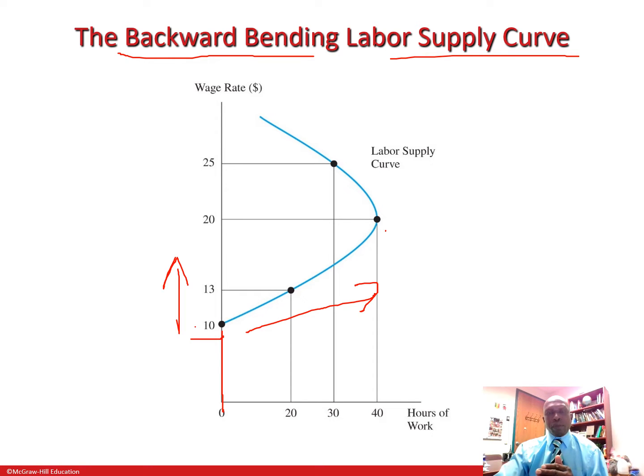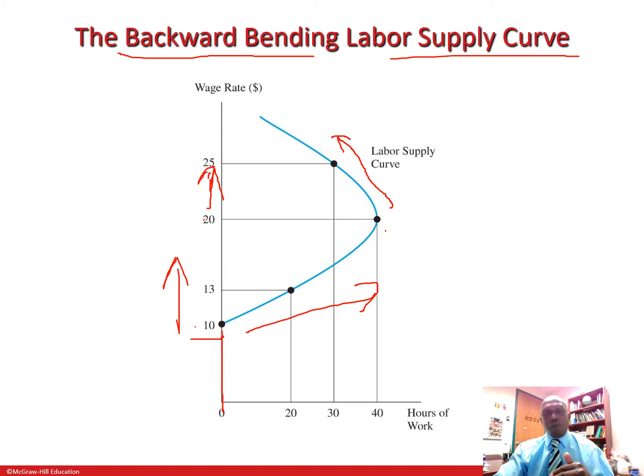So when the wage rate is $20 and above $20, less and less people want to work. The labor supply curve will start to decrease. So the labor supply curve is downward sloping, or negatively sloped.